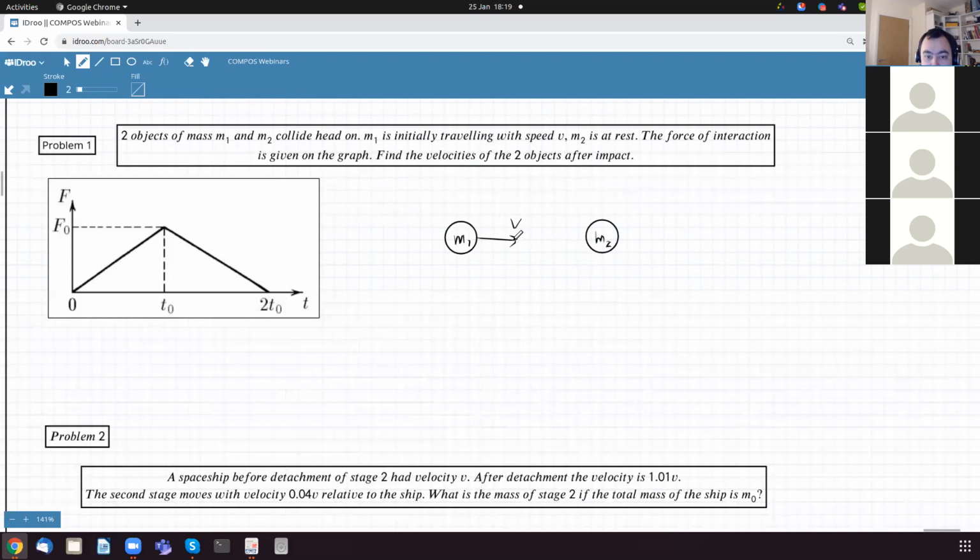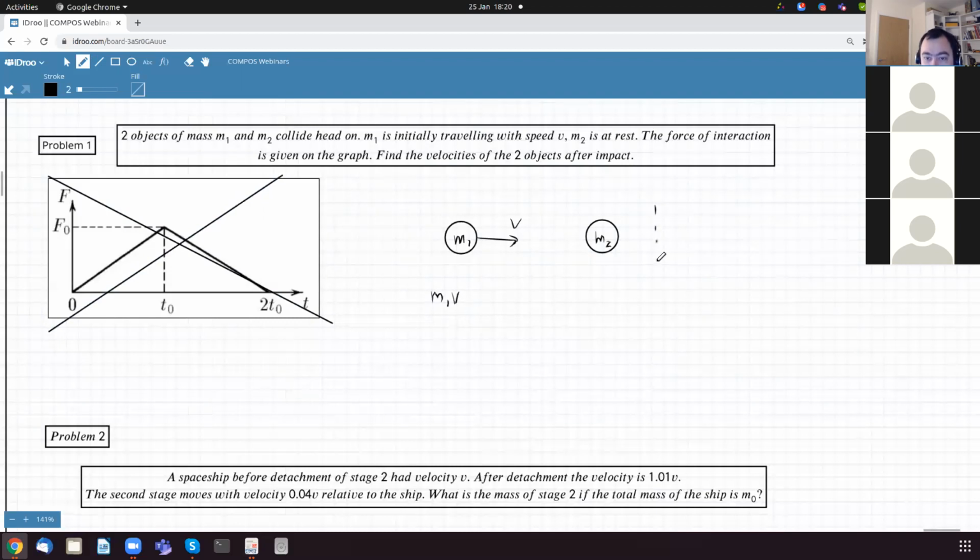Now, if we didn't have this graph, some would say you need to use the conservation of momentum. So let's try just using conservation of momentum. Initial momentum is m1 v.